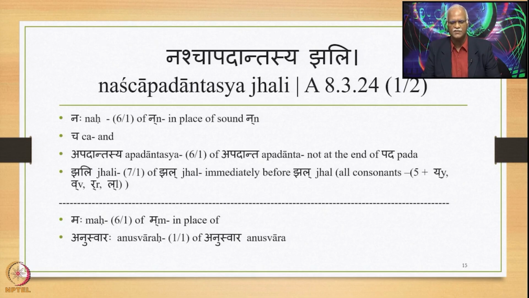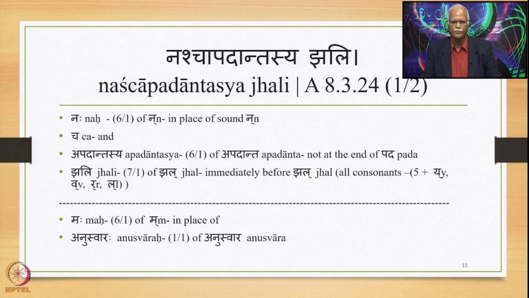And jhal is a subset of hal. So jhal means all consonants, that is hal, minus the fifth yamangana na, and also ya, va, ra and la. All consonants minus the antastha varnas, the semi-vowels yavarala, and the anunasika varnas, all other consonants are termed jhal.